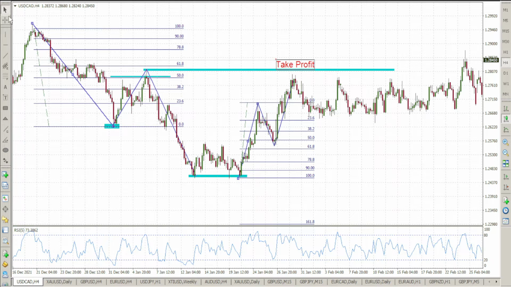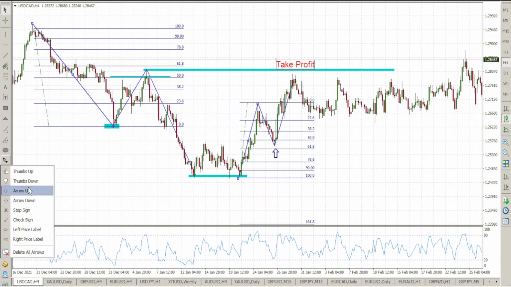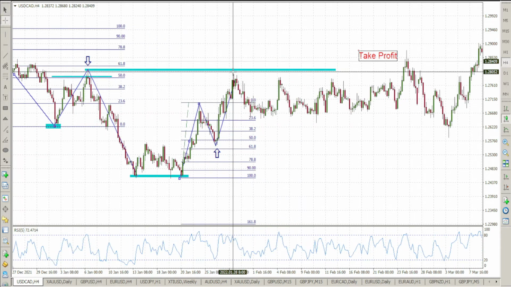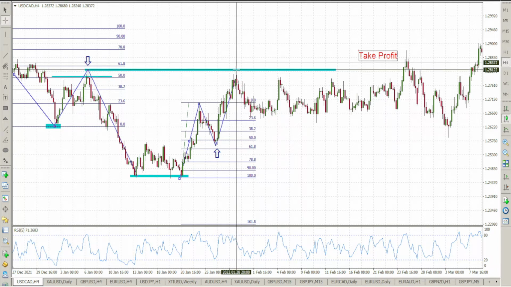So now just have a look at it. This is an entry which the Fibonacci gave us. This is an entry. And also here most traders make a mistake, because they will take a sell trade right here. Why?